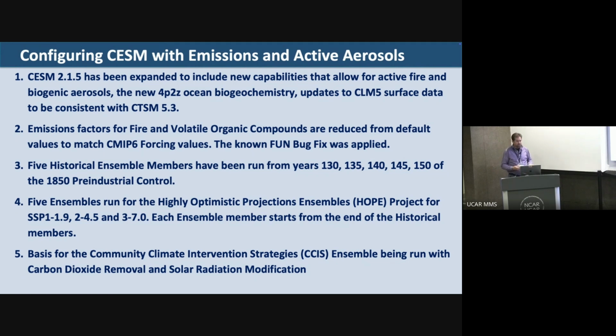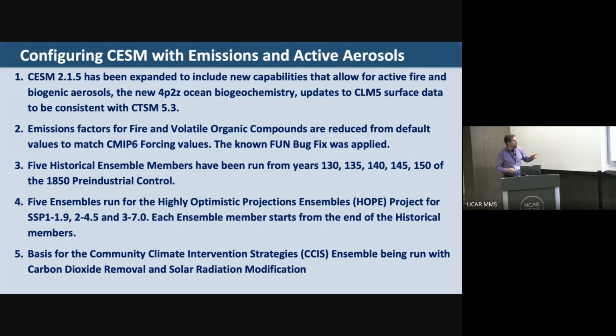This session is going to be a little bit about the Highly Optimistic Projections Ensemble, HOPE, which is a project we're running here, comparing SSP1-1.9, which is the only 1.5 degree warming scenario in the CMIP6 project, against SSP2-4.5, which is around 2.5 degrees of warming, versus SSP3-7.0, which is just over 4 degrees of warming. Each of those ensemble members from these different scenarios start at the end of the historical.